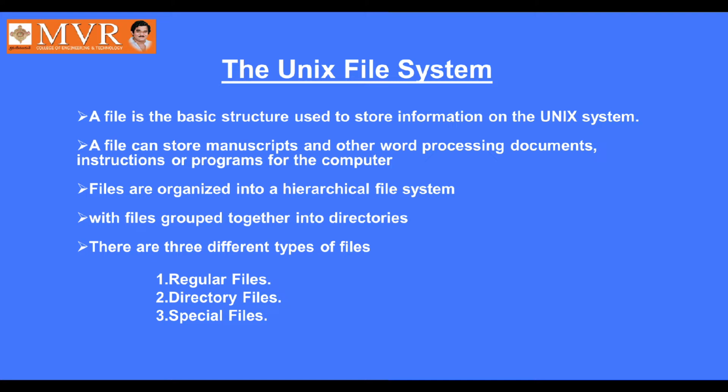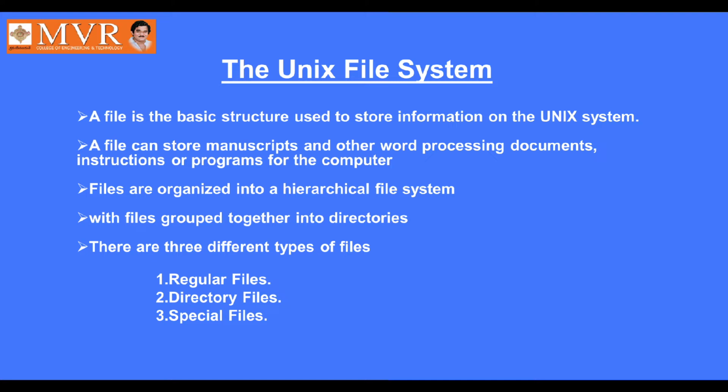Generally a file is a basic structure used to store information on the Unix system. As a general definition, a file is nothing but a place where you store information. Technically, you can also define a file as a sequence of bytes that is stored somewhere on a storage device. Whatever content you enter into the file is some sequence of bytes, and the file will be stored in some storage area like RAM or ROM or some external device.